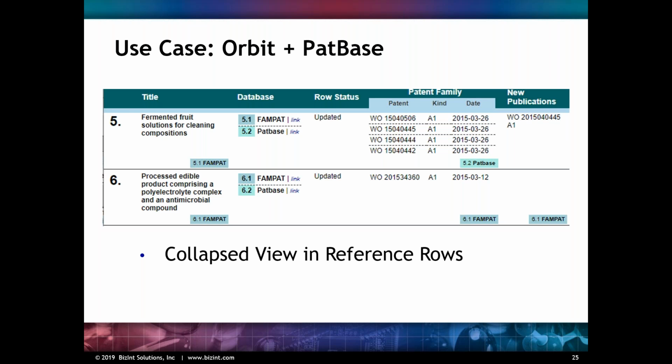In row 6 here, even though we had the 360 application flagged as new, it was already there, and so again it shows up as not actually being a new publication. This is also, of course, showing the row status here because we had an existing record and we've added new data. It's flagged as updated. So it is something that we probably do want to review.